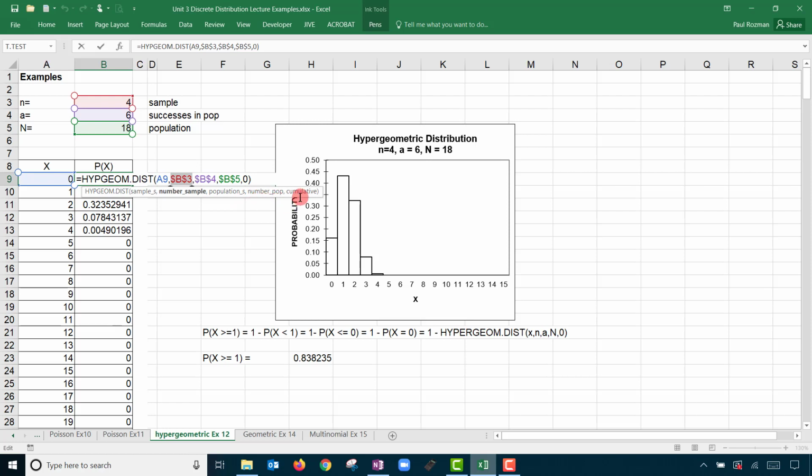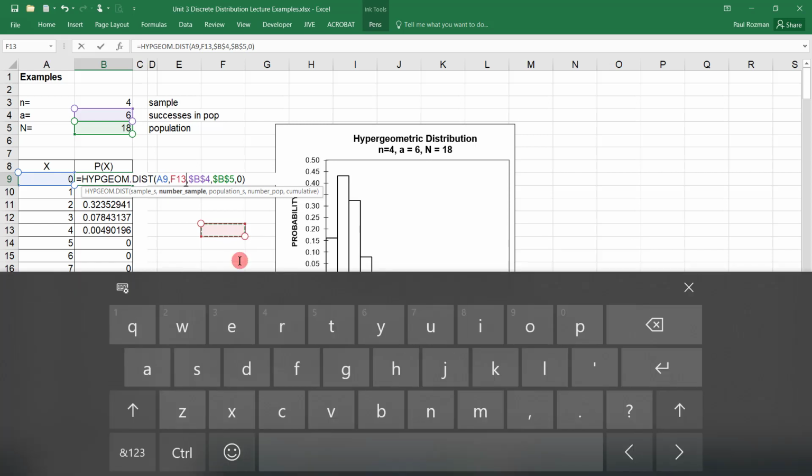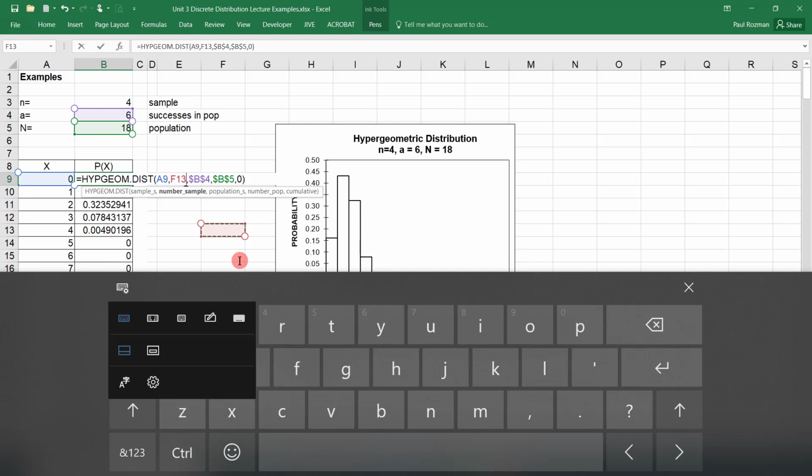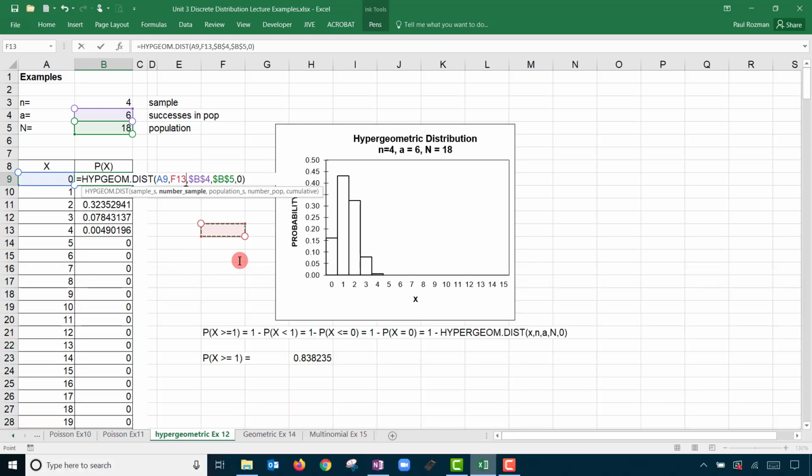Whew. Oh no, now I'm changing my formula. I don't know how to get out of this. I don't know what it is. An escape key. Oh, I have to leave tablet mode. Okay.